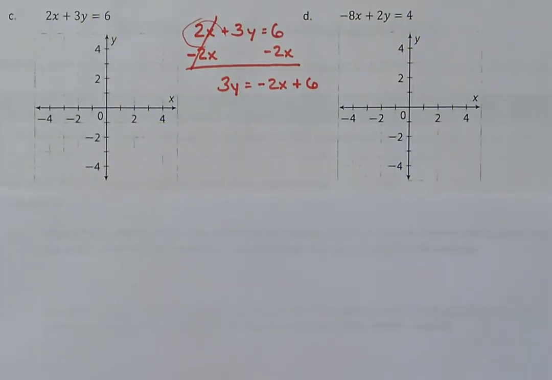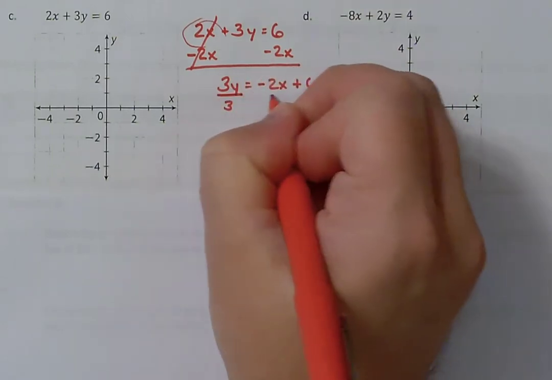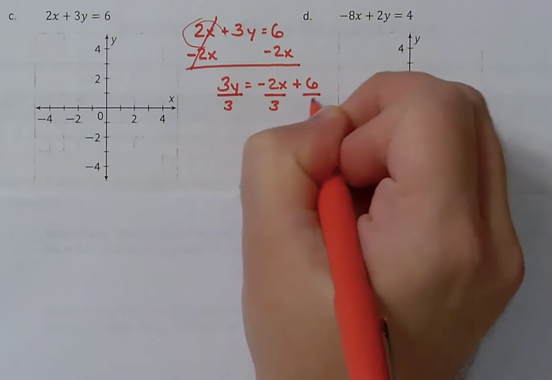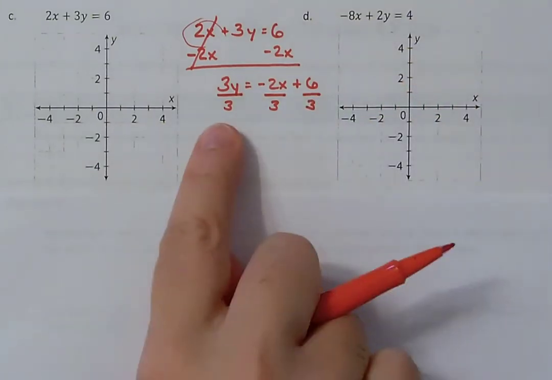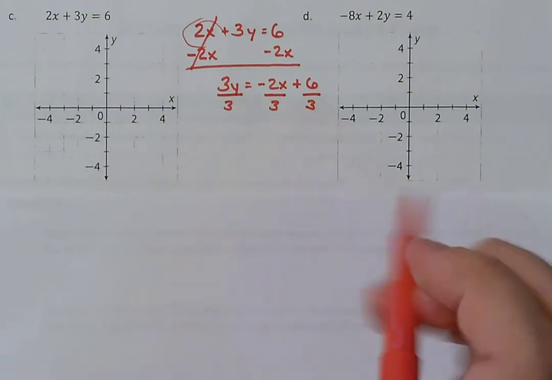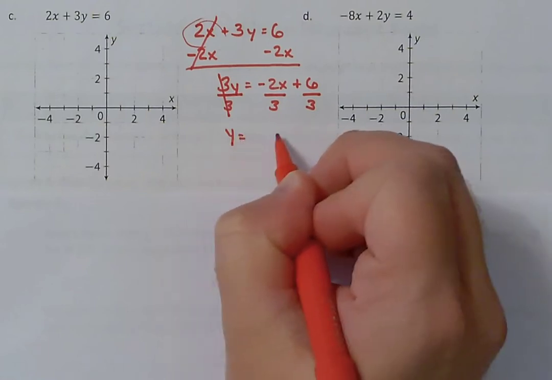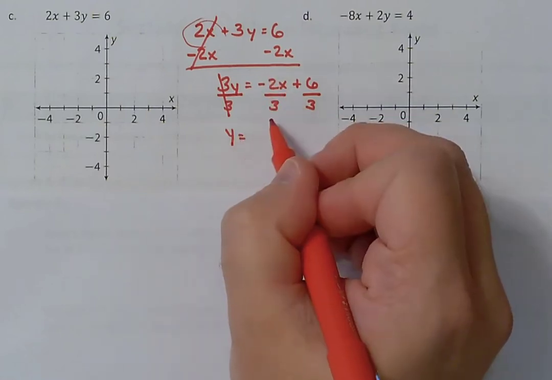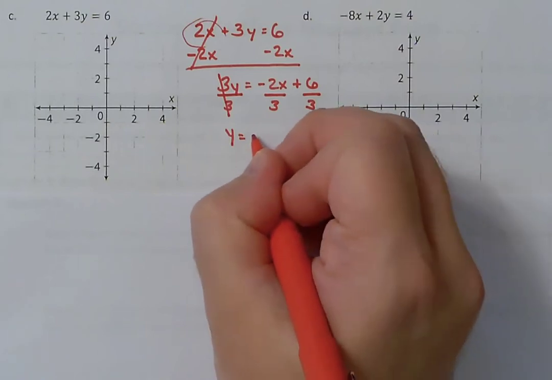Now we're really close to what we're used to looking for today. The next thing is I need to get rid of the 3 from the y. So that means I'm going to divide by 3, and I have to divide all parts of the problem by 3. So if I divide all the parts, I get y equals. You can't divide 2 by 3 and get a whole number, you get a decimal.